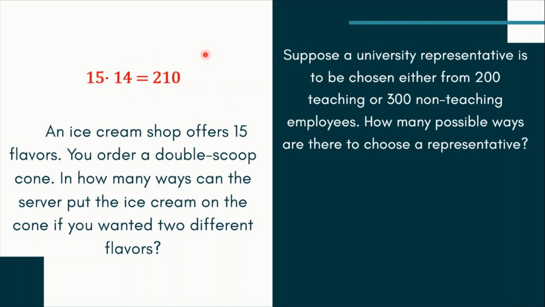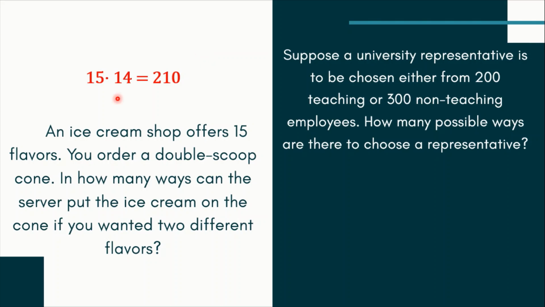Suppose the university representative is to be chosen either from 200 teaching or 300 non-teaching employees. How many possible ways are there to choose our representative?